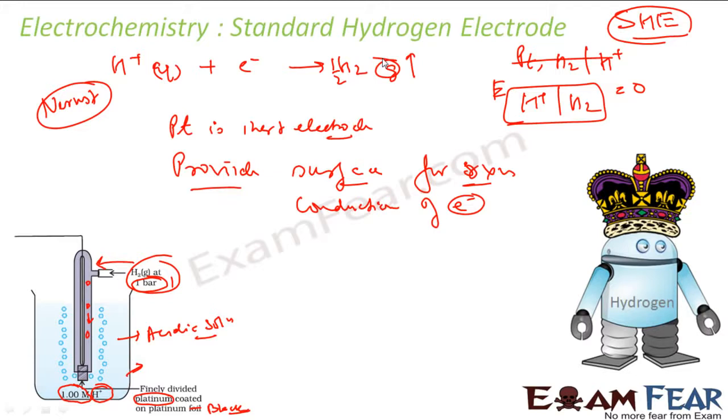And it also provides a mechanism for conduction of electrons. So that is my standard hydrogen electrode here. Correct? I have a hydrogen gas here, the platinum rod, and this is the acidic solution, H plus. So hydrogen gas becomes H plus.